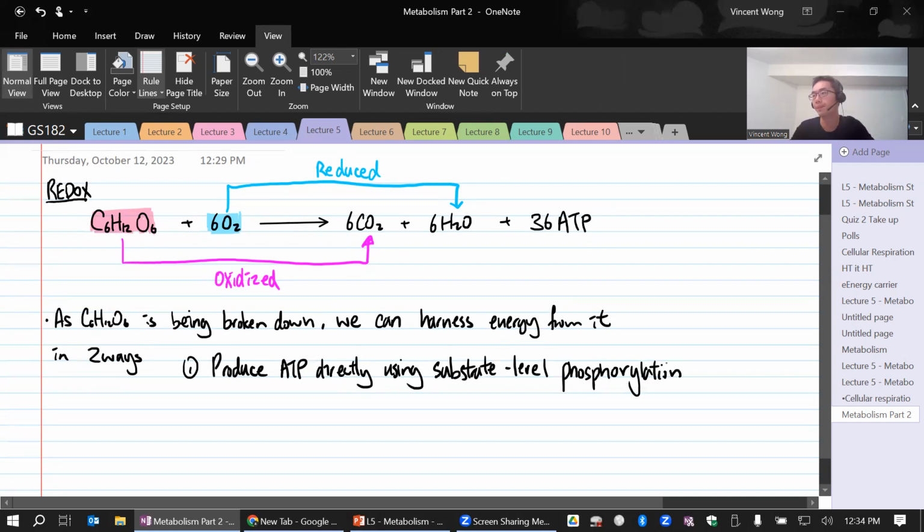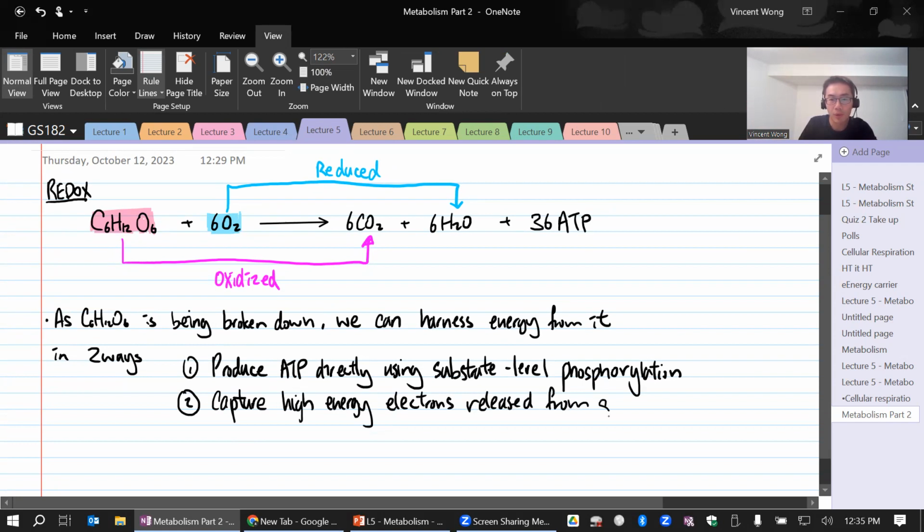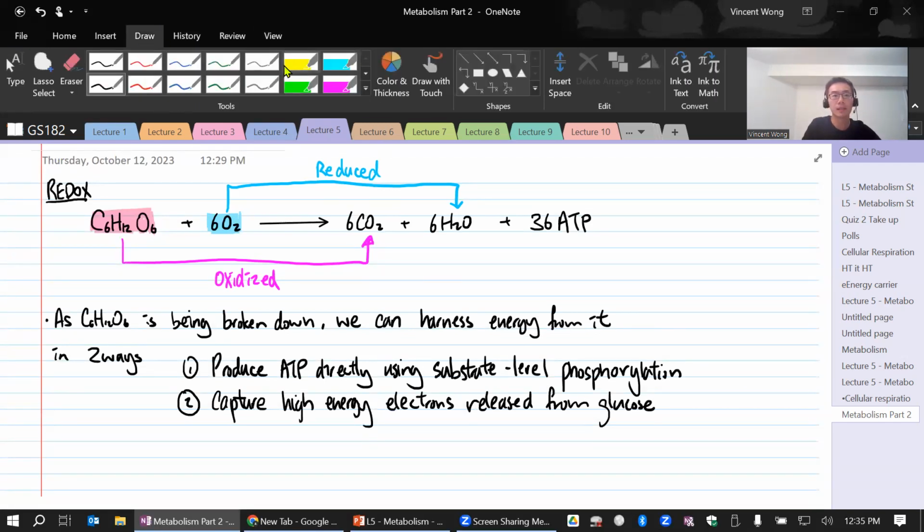All right. And secondly, instead of creating ATP directly, we can capture high energy electrons released from glucose. Okay?